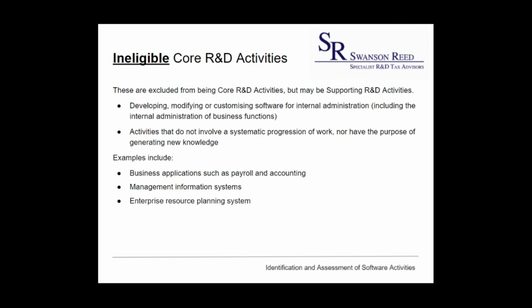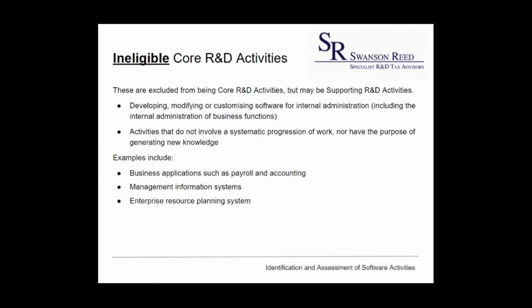Developing, modifying, or customizing software for the dominant purpose of use in a company's own internal administration, including the internal administration of business functions, is legislatively excluded from being registered as a core R&D activity. AusIndustry's view is that software for internal administration may include functions such as business applications, such as payroll and accounting, management information systems, and enterprise resource planning systems.